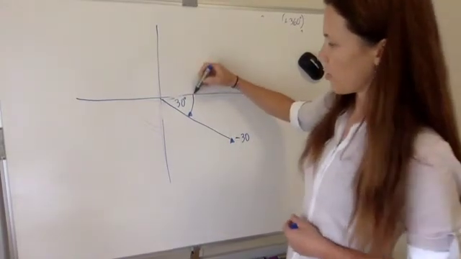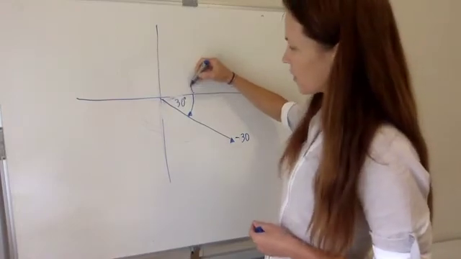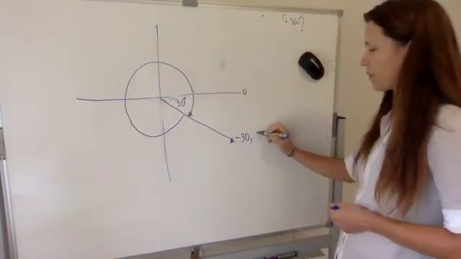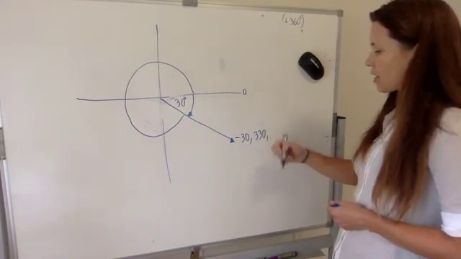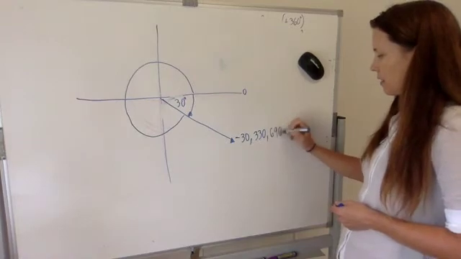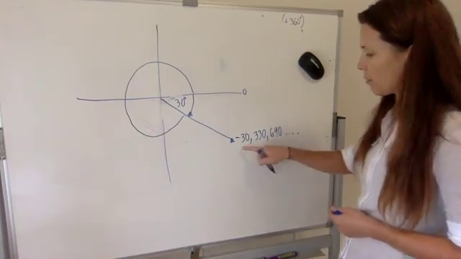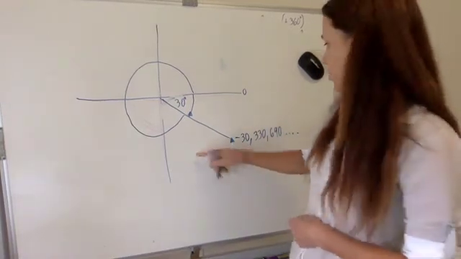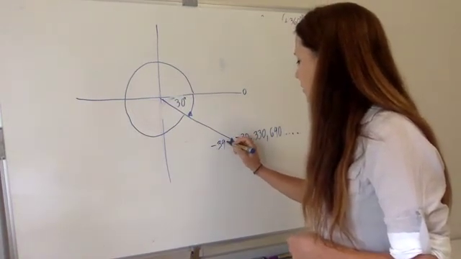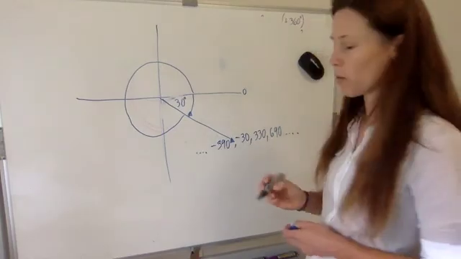But if we wanted to get there by going in the positive direction, we could have started here and gone all the way around 330, couldn't we? And then we can go around again, adding 360 to that, and then adding 360 again. And we can also take 360 off, so that the one that comes before that would be minus 390, and there'd be more that comes before that as well.